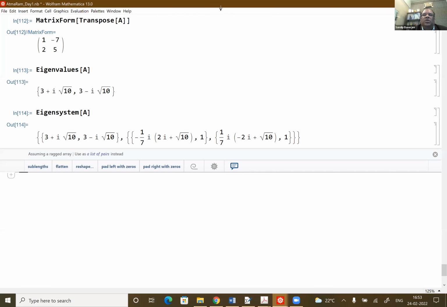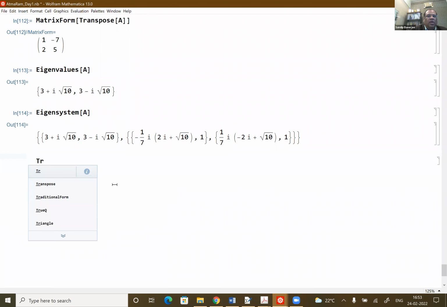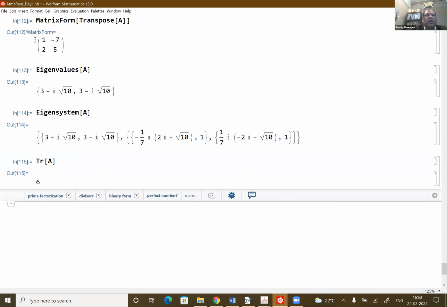Any questions? No. Okay, trace also it will calculate. I think Tr is the trace. So trace, I know, is the sum of the diagonal elements, which is 6.